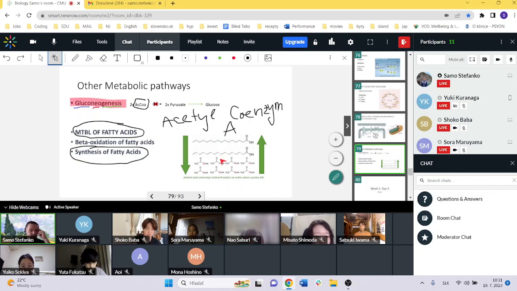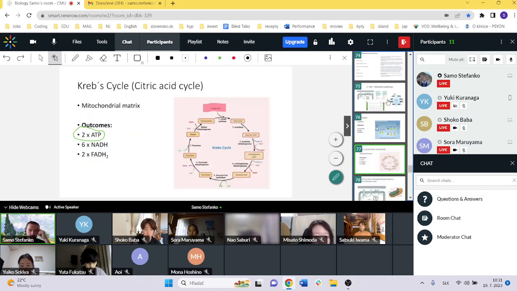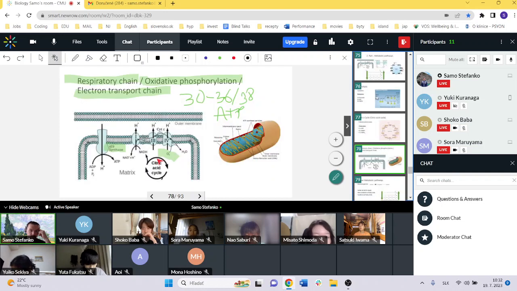Why is acetyl coenzyme A important for us? Because acetyl coenzyme A as a molecule can enter the Krebs cycle. And if we have a molecule which can enter the Krebs cycle, it produces, besides ATP, also NADH and FADH2, and all of those outcomes of the citric acid cycle can enter oxidative phosphorylation.